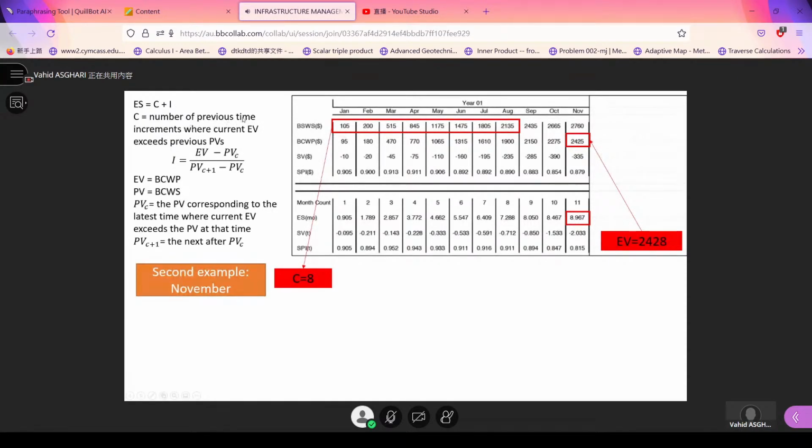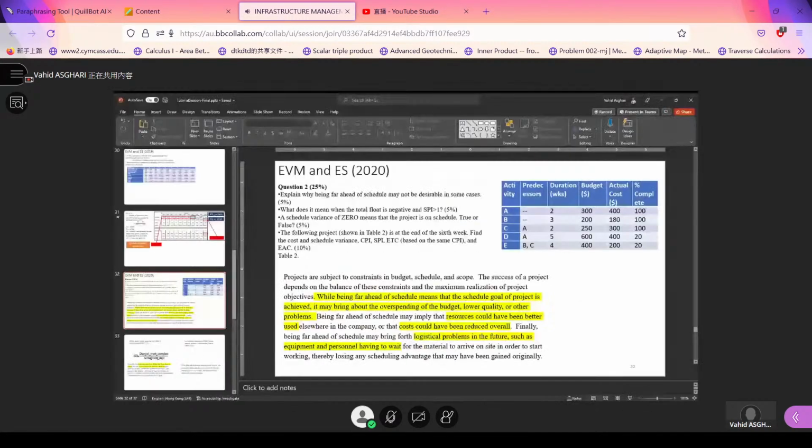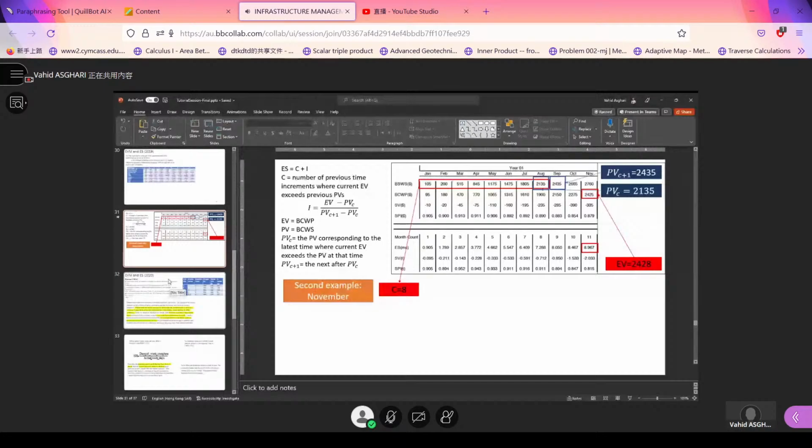Because of that, C, the number of previous time increments where the current EV exceeds the previous PVs, will be 8. PV of that time is 22,135, and PV of the next period, September, is the next one. Once you have all of these numbers, you put them in the equations and you will find the numbers. Nothing new here.